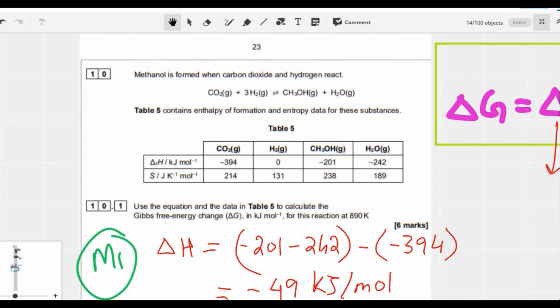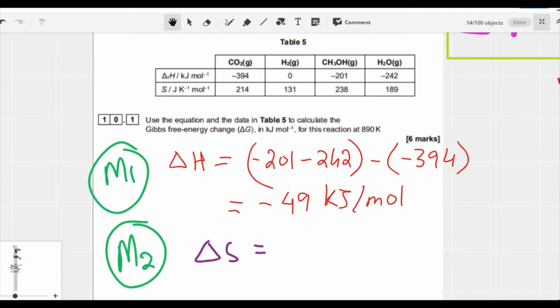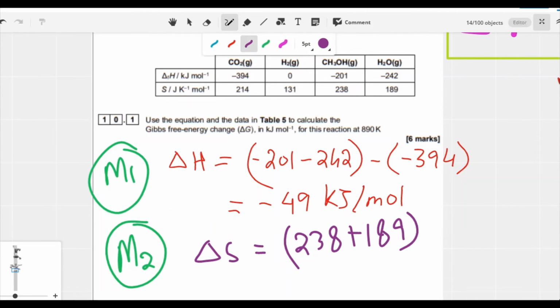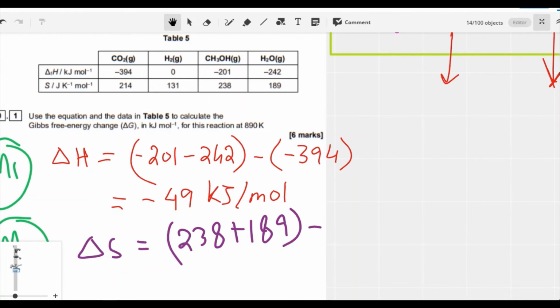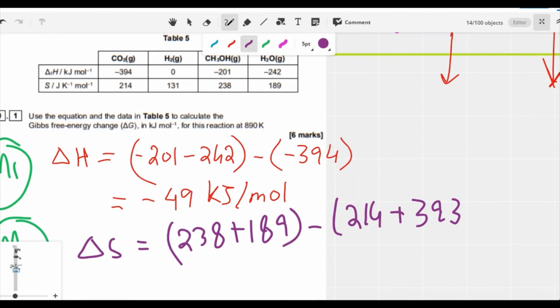So that will equal 238 plus 189 minus 214 plus 131 times 3, which is 393.